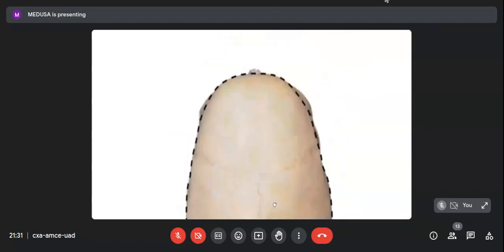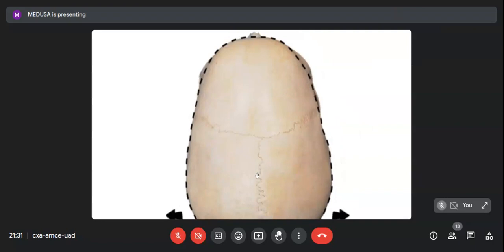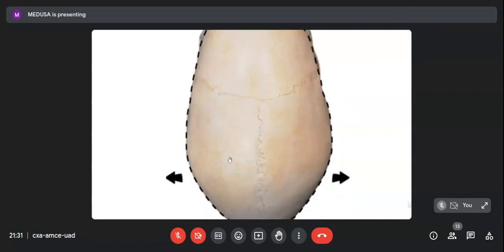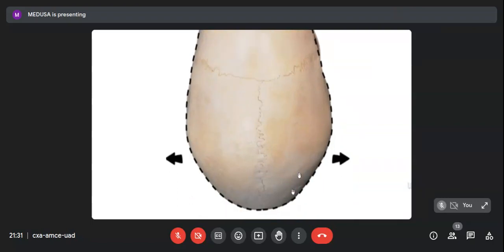You can see, as a way of orientation, this is the frontal bone here. Okay, the frontal bone, and then when we move down here, we can see two paired bones, and these two bones are called parietal bones.